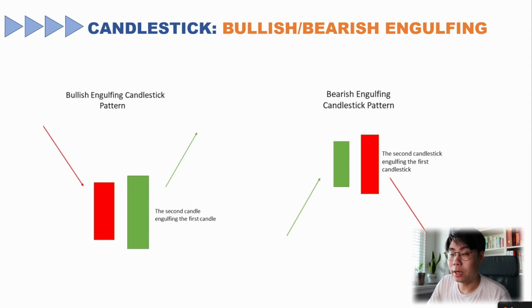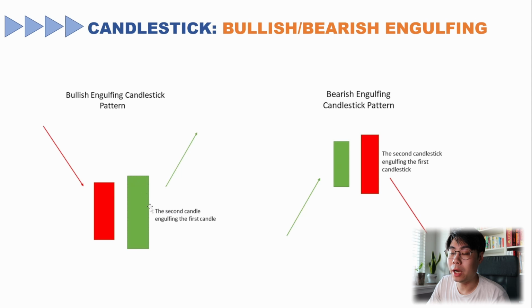And for engulfing, what we can see for bullish engulfing is a downtrend at first, followed by a giant, a bigger bullish candle, right? This again means that there is a momentum shift. The buyers, even though they opened the price lower, came in very strong and pushed the price all the way back up to be even higher than the previous day's opening price.